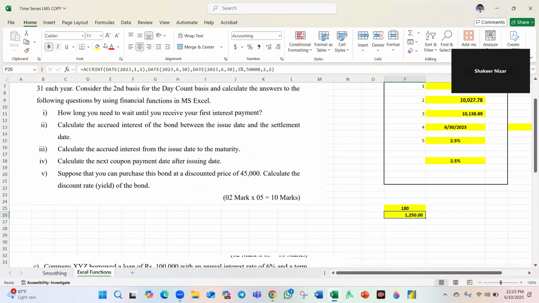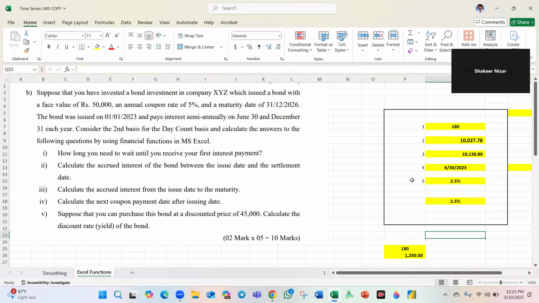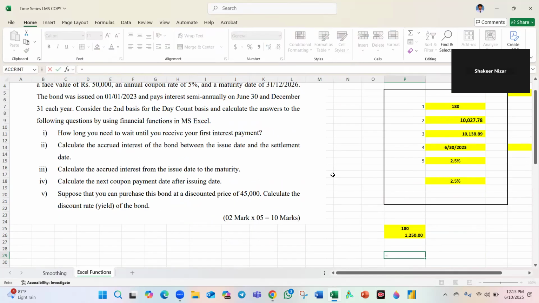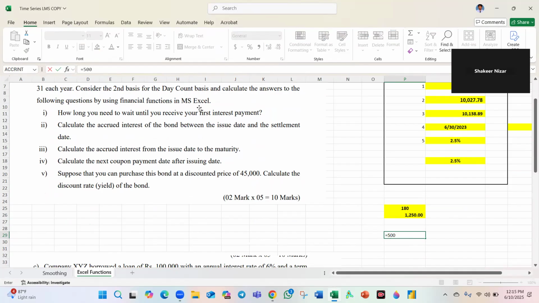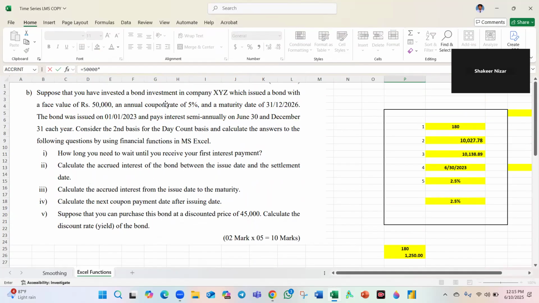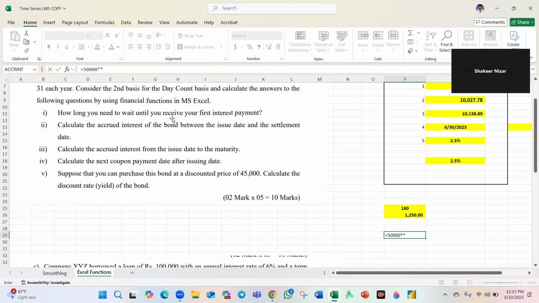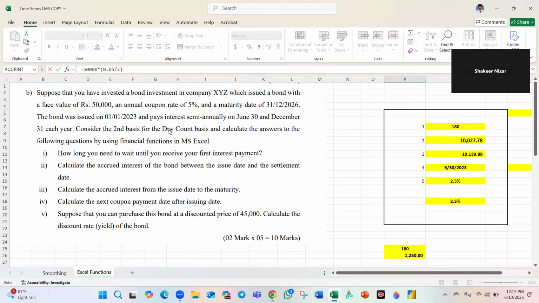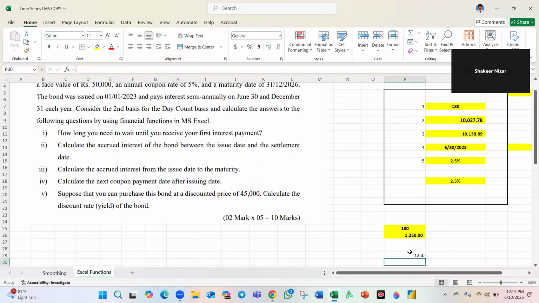This is the way you can calculate it, because it is 50,000 per year at 5%. You can use 5% divided by 2, that is 0.05 divided by 2, because it is semi-annual. That is the way of calculating manually.